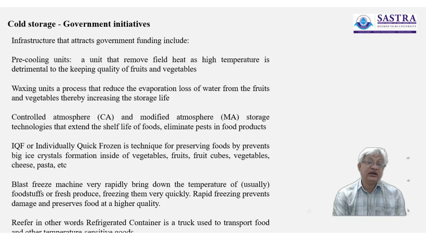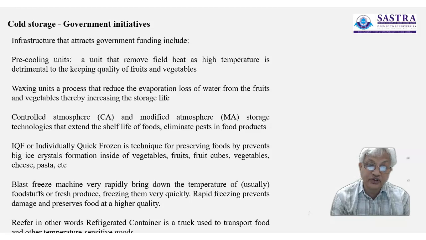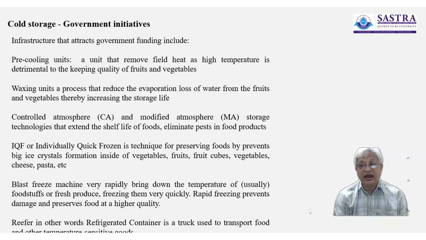There is the individually quick frozen technique, again a government subsidized program for preserving foods by preventing ice crystal formation on vegetables, because this damages the nutrition value of the goods. Then there is another one known as the blast freeze machine that brings down the temperature of foodstuffs and freezes them quickly, and that prevents the damage of the goods.